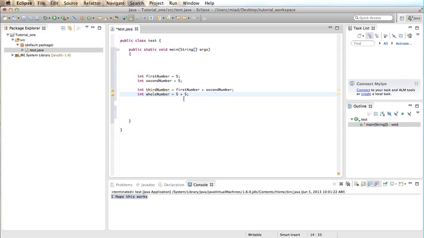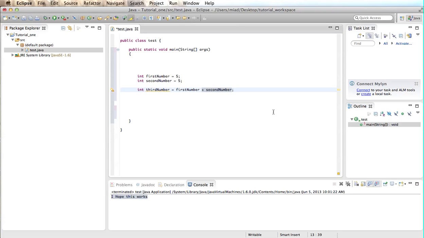So it's exactly the same as what we did up here, but you're actually doing it using a reference instead of actually giving the exact number, and that comes in handy throughout programming, and that's one of the cool things about programming. So that's going to equal 10 right now, because that's 5 plus 5.